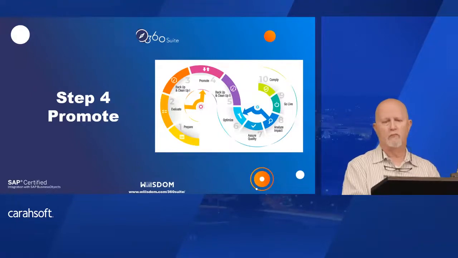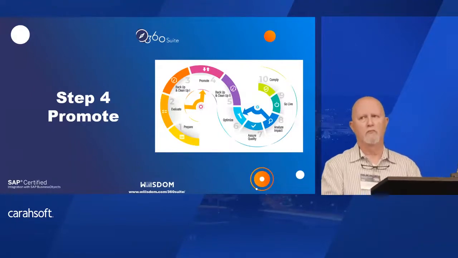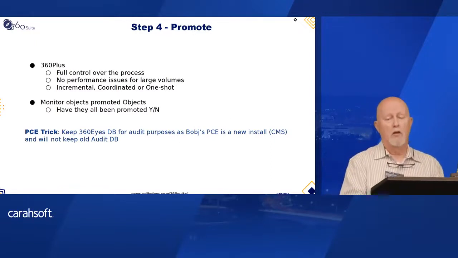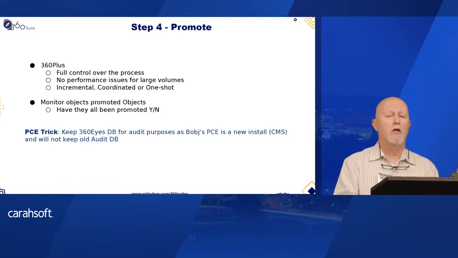So step number 4 is about promotion. Promotion can be quite a challenge with BobJ. That's why we put together different ways to do the promotion. What can you tell us about that, Jeff? Well, promotion will be available at a granular level. Granted, you will probably do it in large chunks, but you keep full control over the process.